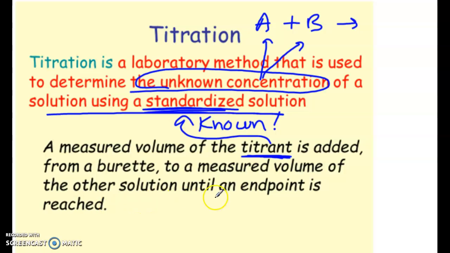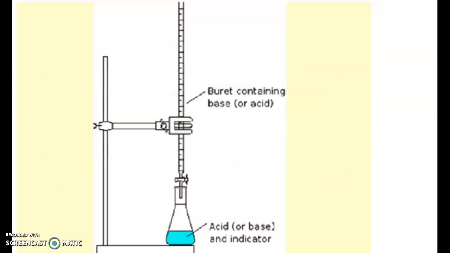And the other solution is essentially reacted. We react the acid and the base together until we reach our neutralization point. The end point that I'm referring to has to do with a pH indicator that will change color. We're going to talk about all that terminology again.